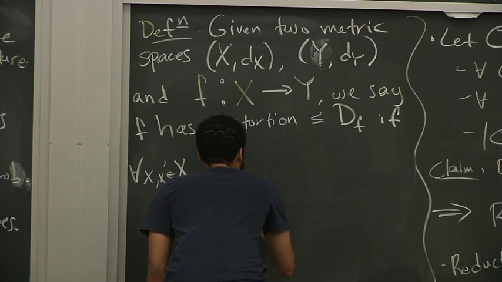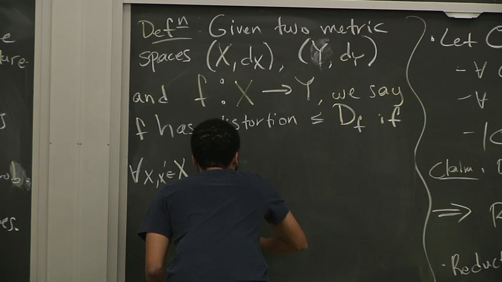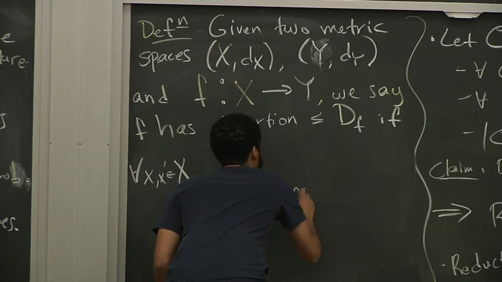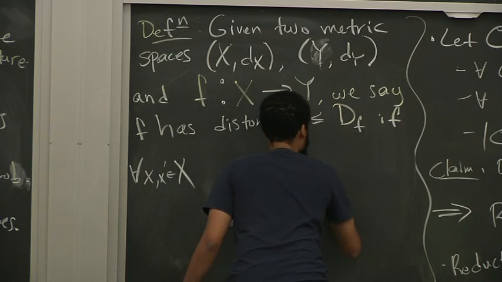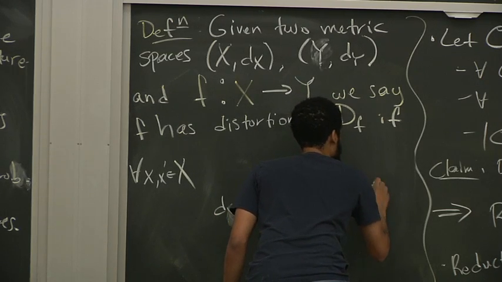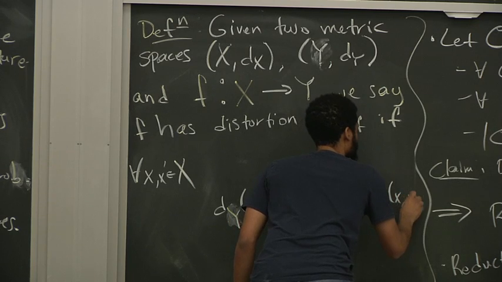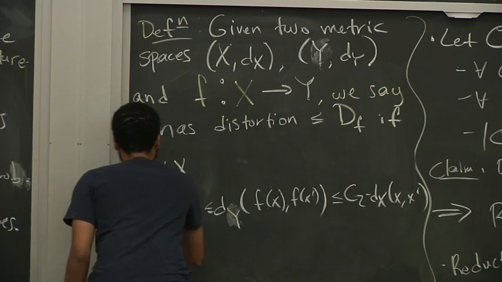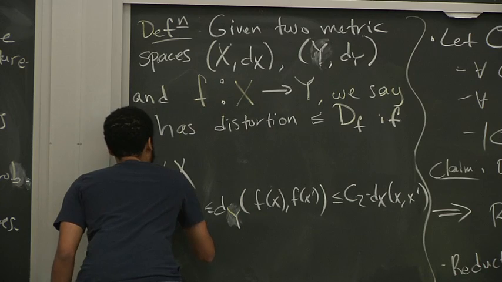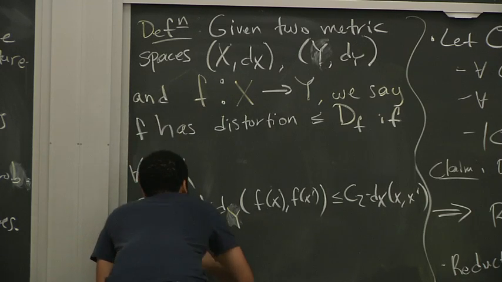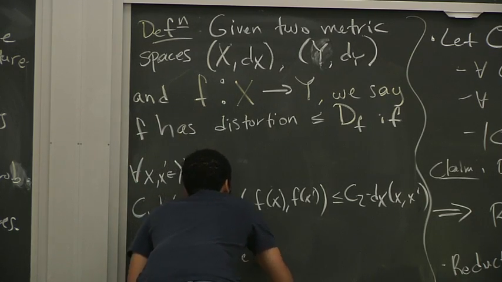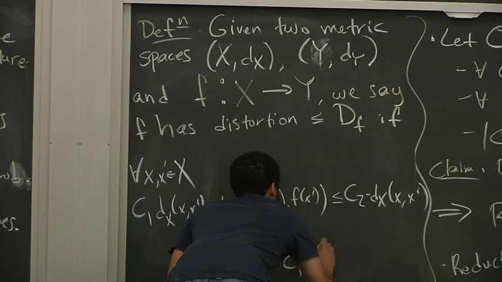If you look at the distance in Y between f of x and f of x prime, it's at most c2 times the distance in X between x and x prime, and it's at least c1 times the distance in X between x and x prime, where c2 over c1 is at most the distortion.